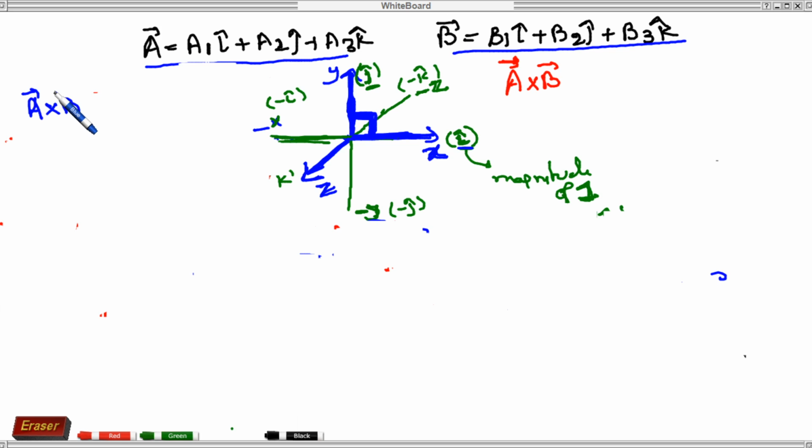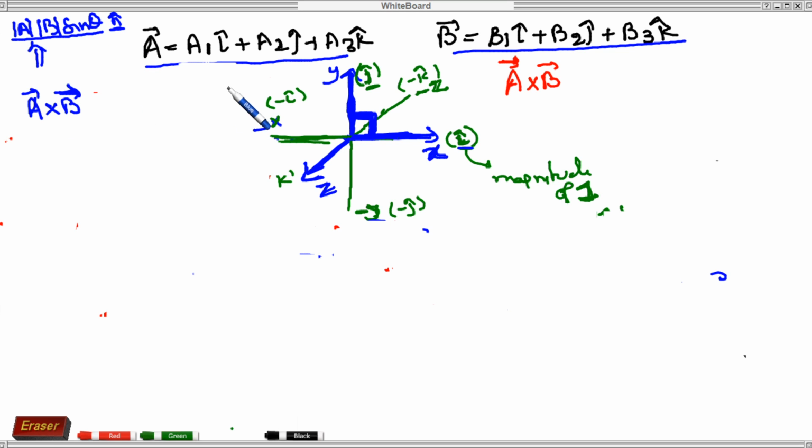Now we'll be seeing the cross product of these two vectors. What we know: modulus of a, modulus of b, sine theta, and some unit vector.